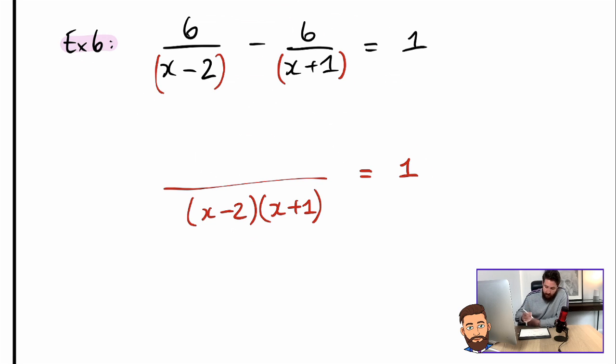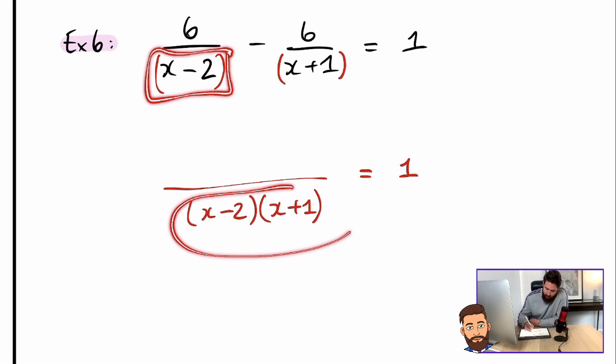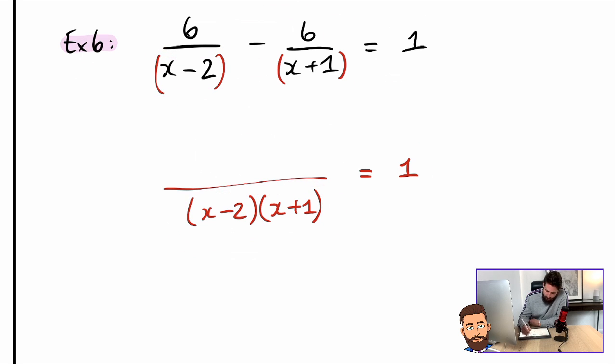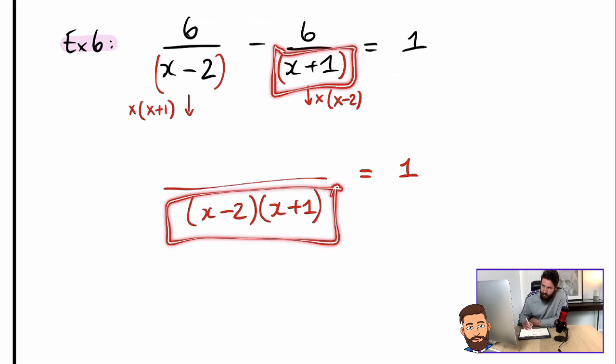So now ask yourself, how did I make this side become this? I times it by this. So that means I need to times this entire fraction by x plus 1, and I need to times this entire fraction by x minus 2. Because the only way that I can make this x plus 1 become this double bracket is by timesing it by the missing x minus 2.